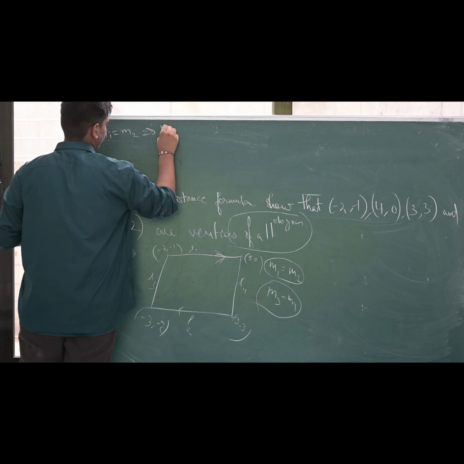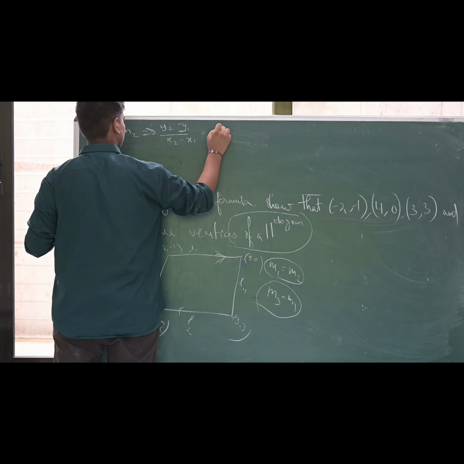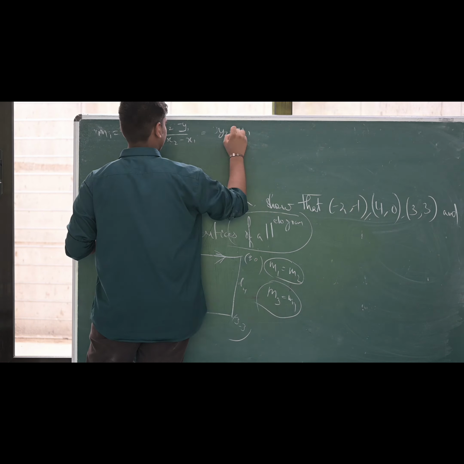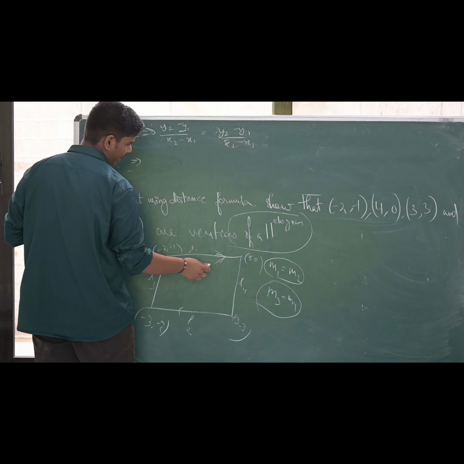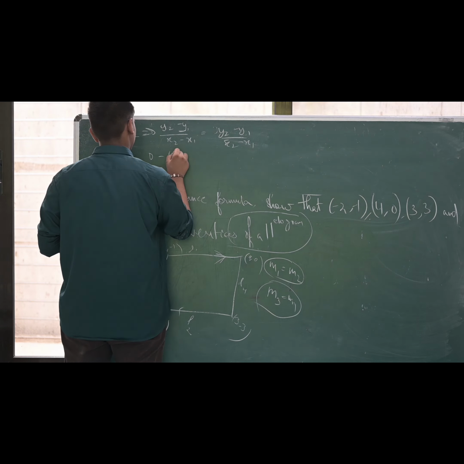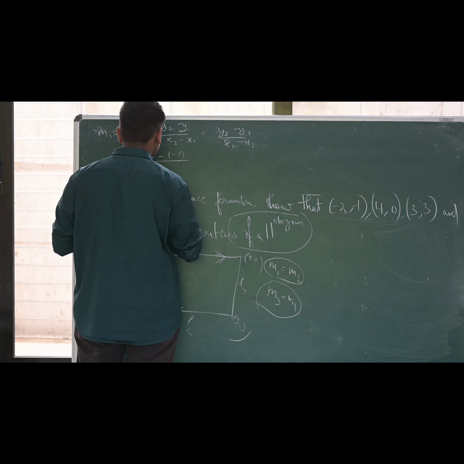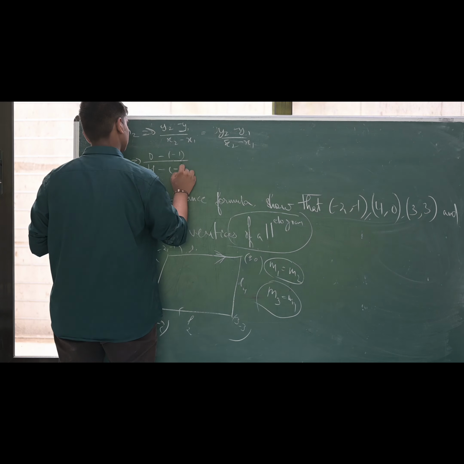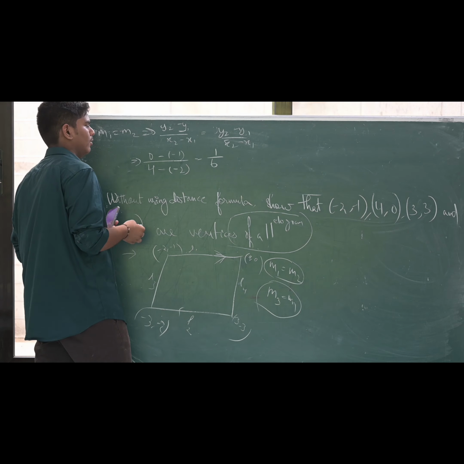Now, we have to prove m1 is equal to m2. That is (y2 minus y1) by (x2 minus x1) equals (y2 minus y1) by (x2 minus x1). Now, what is the value of y2? It's (0 minus minus 1) by (4 minus minus 2). What will you get? 1 by 6. Okay? 1 by 6.